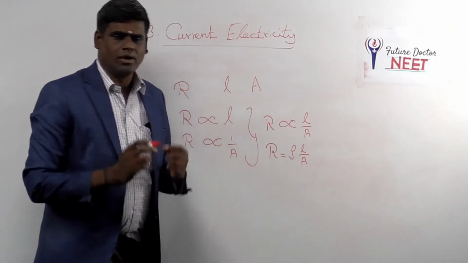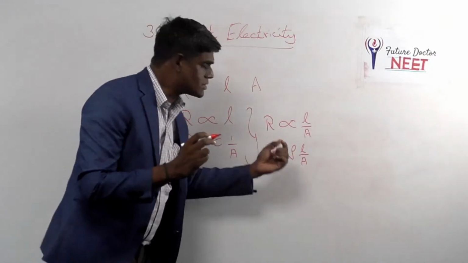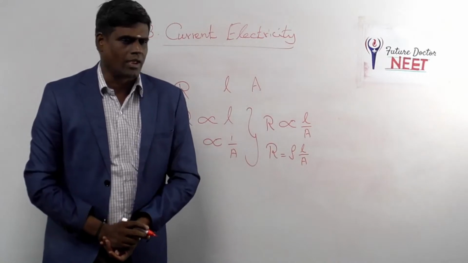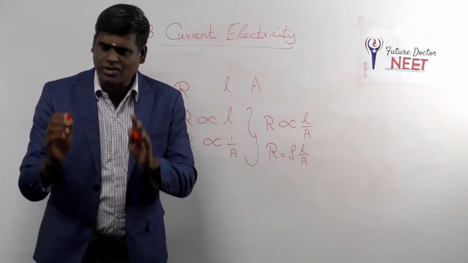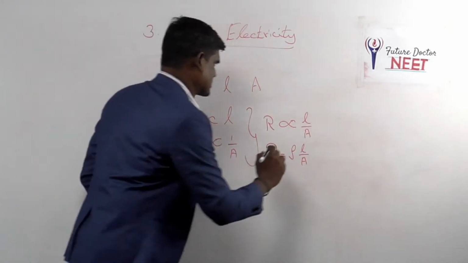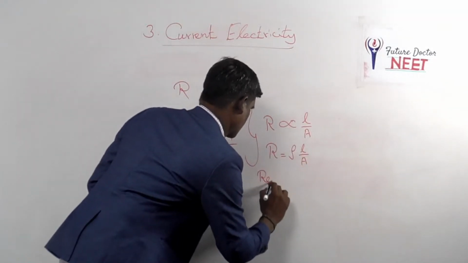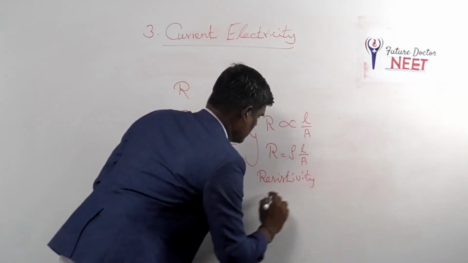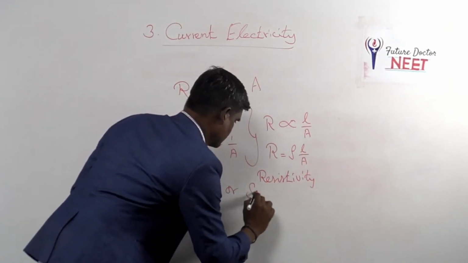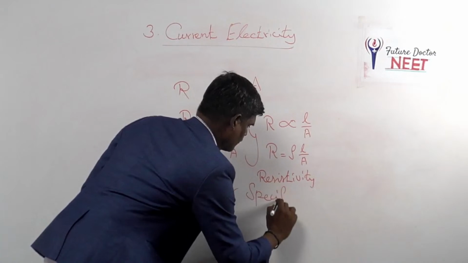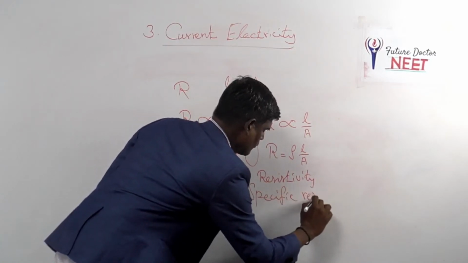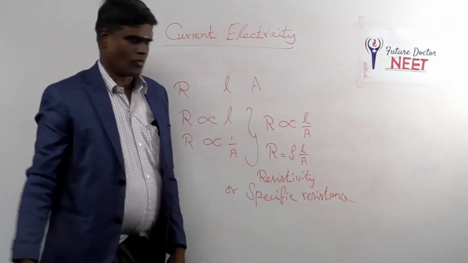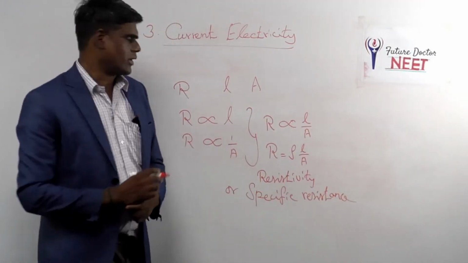Rho is a constant called resistivity or specific resistance. Resistivity, other name specific resistance. R equals rho into L by A.